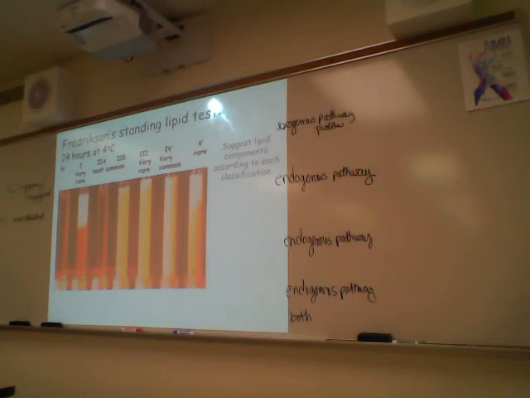For the Frederickson test, you let it sit for 24 hours at 4 degrees C. What I want you guys to do is look at these and match them up to the characteristics from the previous page, and come up with lipid classification or components that you can observe as you look through each of these blood samples. And I'm going to turn off the lights because you can see them a little bit better when you look at it in the dark.